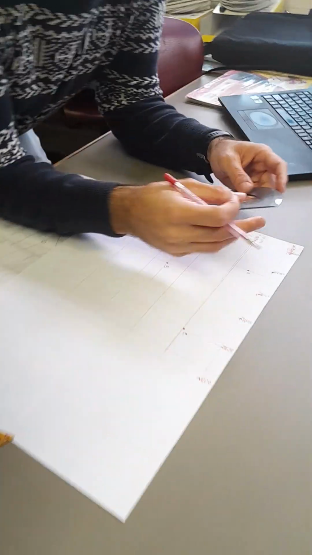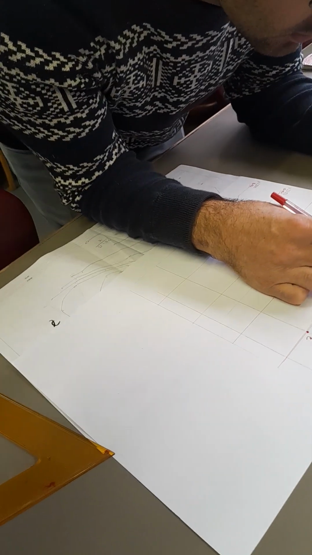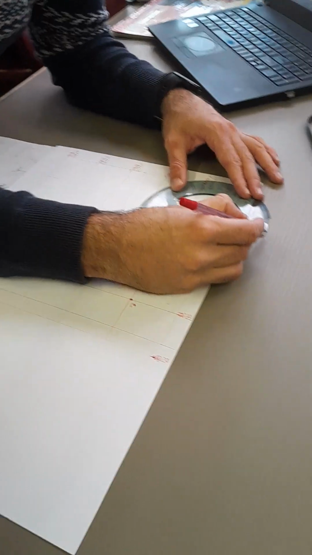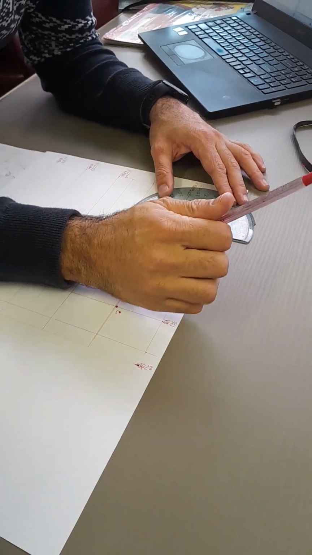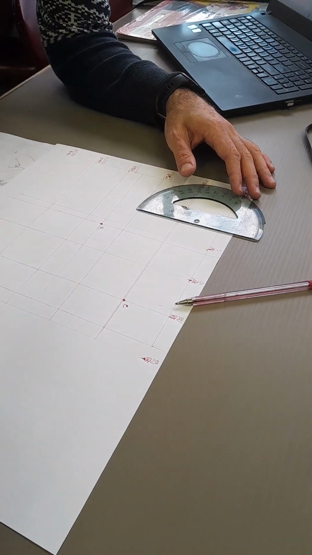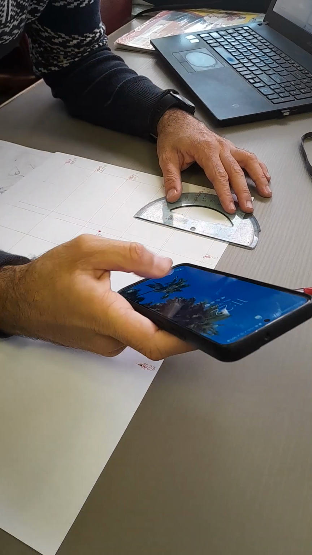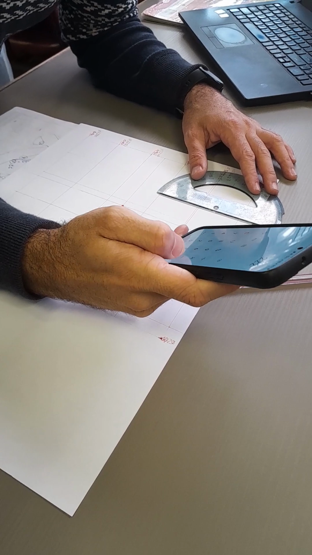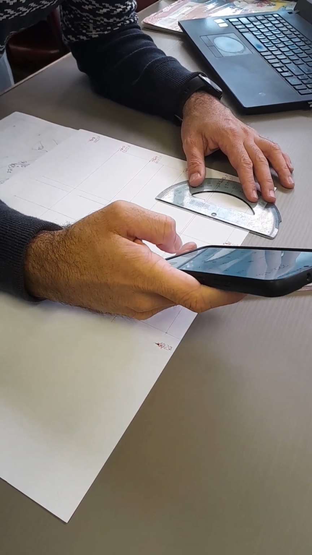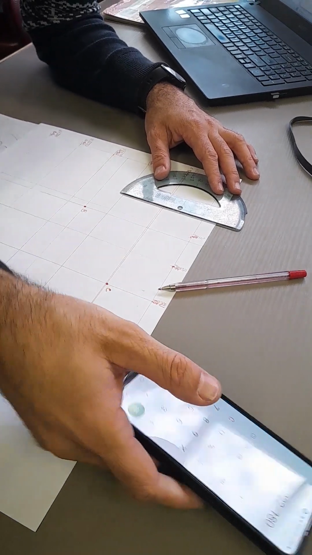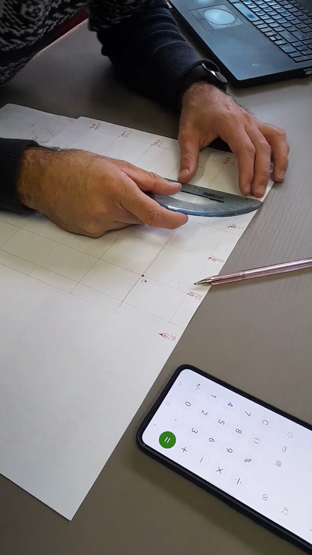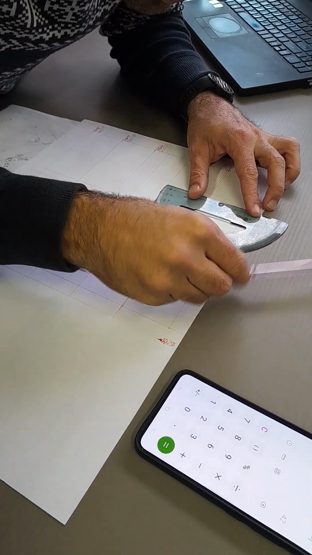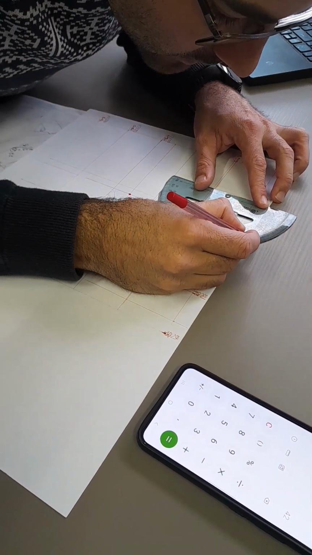The direction is 222. So 180 minus 222 is 42. So then we take it to this side. 42. It's somewhere here.